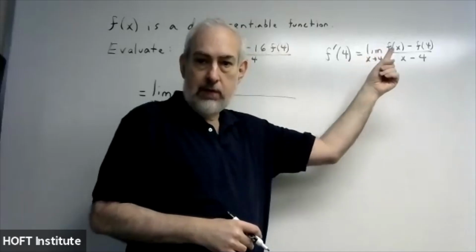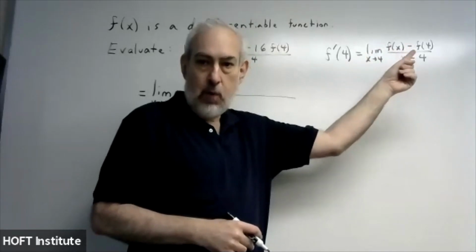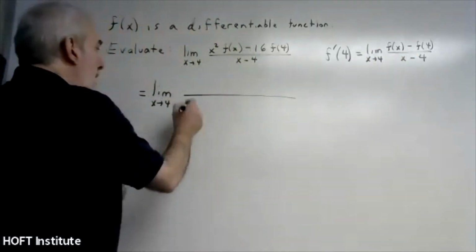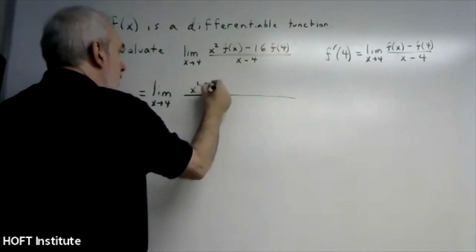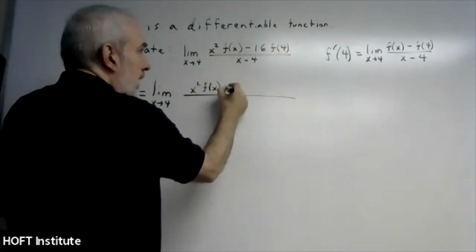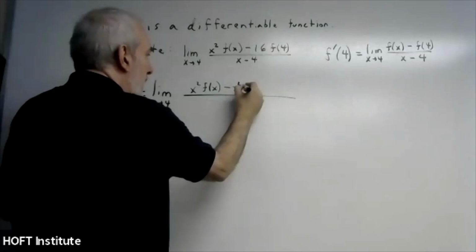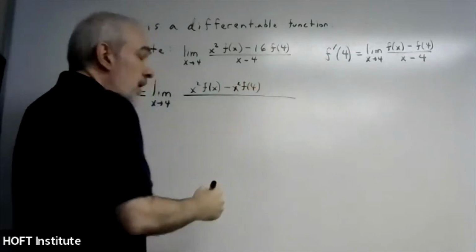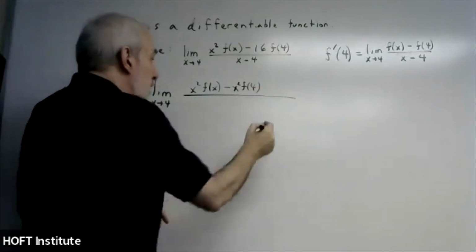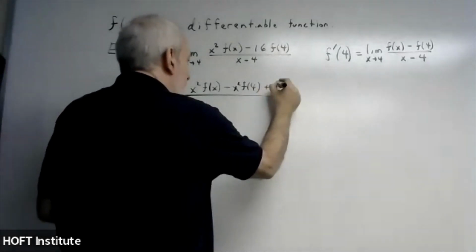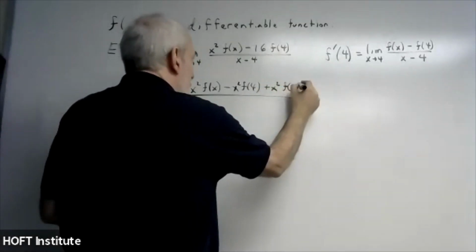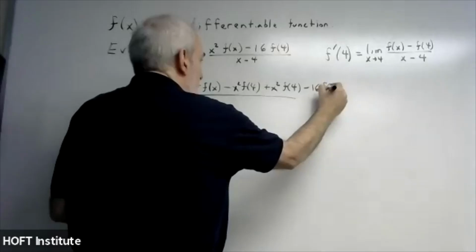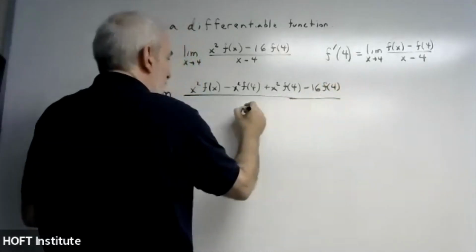So what I want to see is x squared f of x minus x squared f of 4. So I'm going to introduce a minus x squared f of 4. Now, I can't just do that for free, so I'm also going to add x squared times f of 4. That way, this equation is the same as the original.